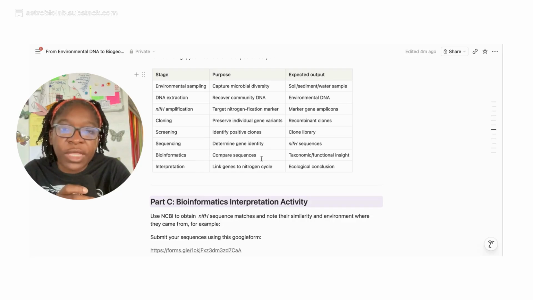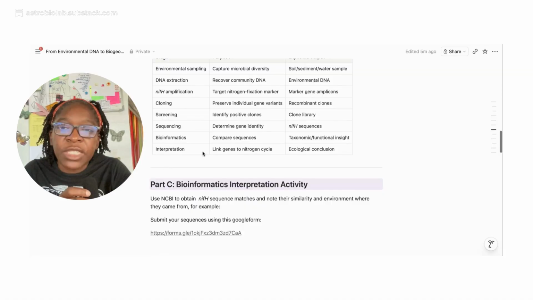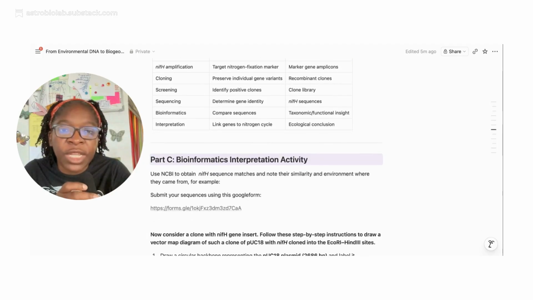You're trying to compare the sequences, and the expected output, you're going to get some kind of an alignment or a picture which shows taxonomic or functional relationships that gives you that insight. And then finally, the interpretation stage. This links genes to the nitrogen cycle, and this gives you a conclusion to the whole ecological study. You can understand more about the specific genes that are doing this job in an ecological setup.